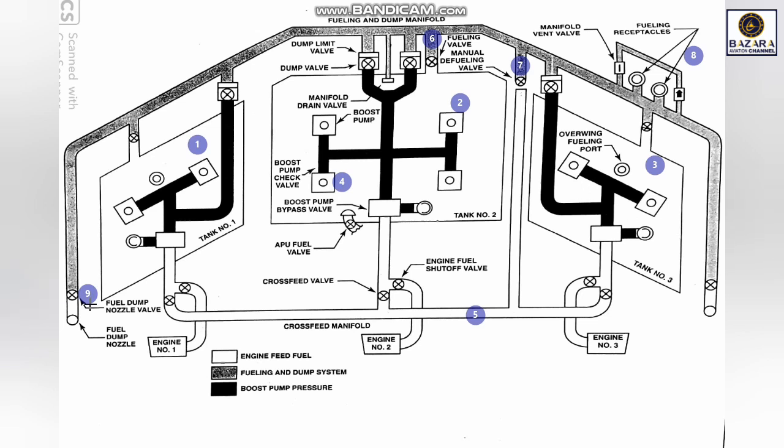It will open the fuel dump nozzle valve. It will open, and the boost pump will deliver fuel from this area, and from the manifold it will go outside of the aircraft, and it will balance the wings and make the aircraft balanced.